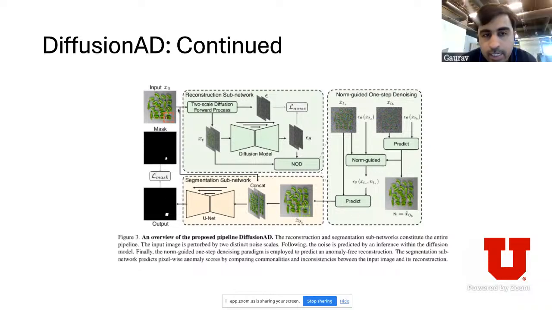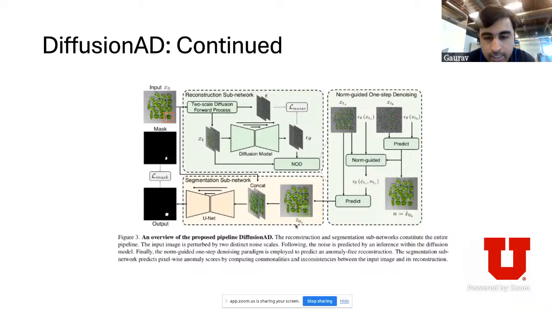So in this case, the input was the input image, which was the input anomalous sample, and the anomaly-free restoration at the finer level, which was obtained after we had made the reconstruction prediction for xt.